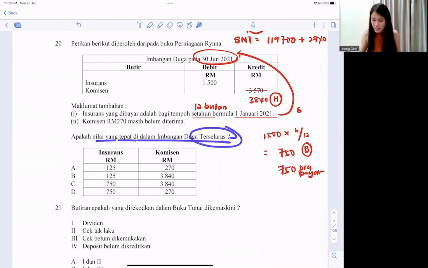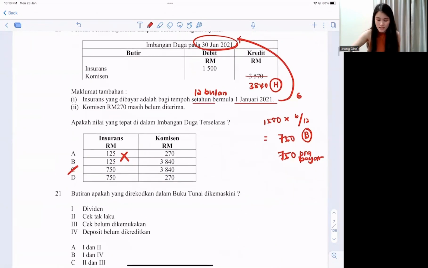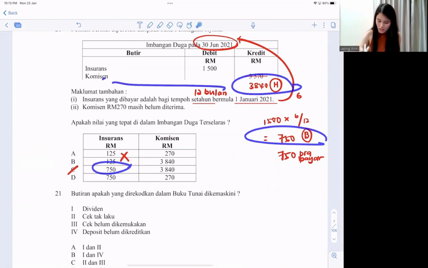Means they want after. You will be taking 750 for insurance. Commission is 3840. Let's see. These two are wrong. 750 and must be 3840. Okay, see. Okay, insurance is 750. Credit commission is 3840. So we're done with question 20.